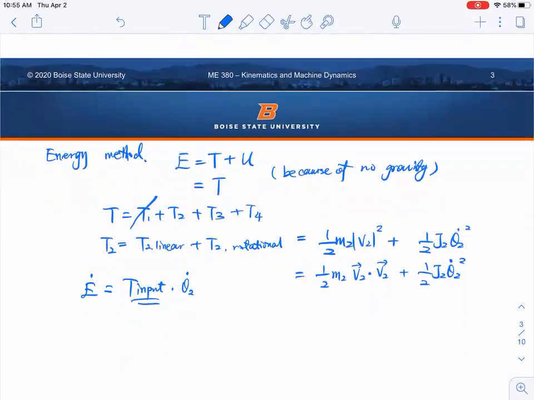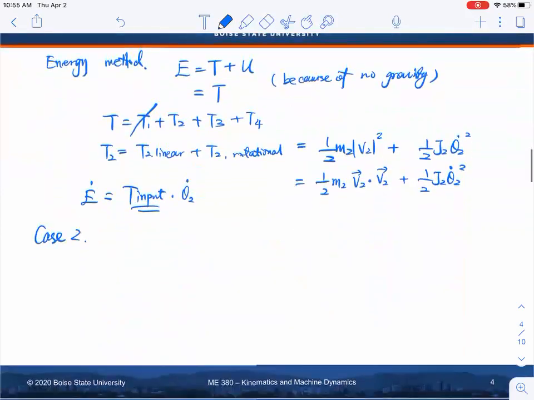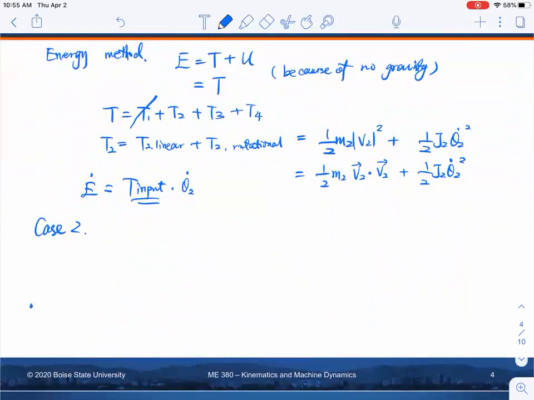So again, I want to make slight changes to this example, case number 2. So let's focus on this 4-bar linkage again. That's your A, B, and C, O2, A, B, O4.